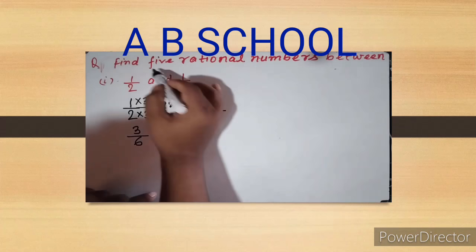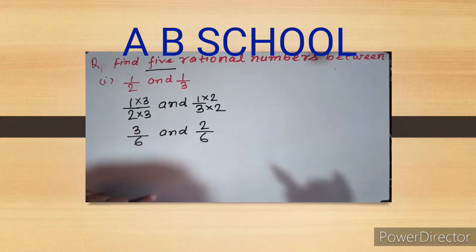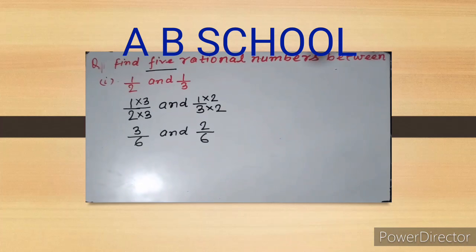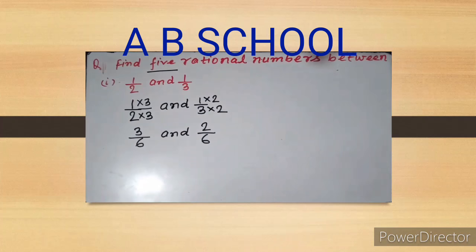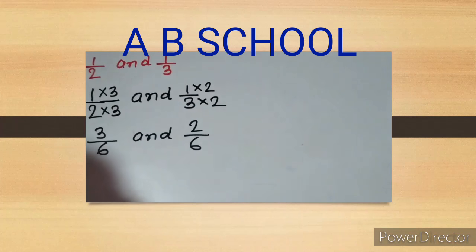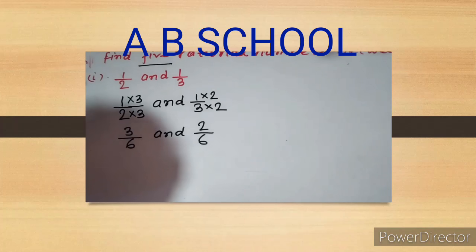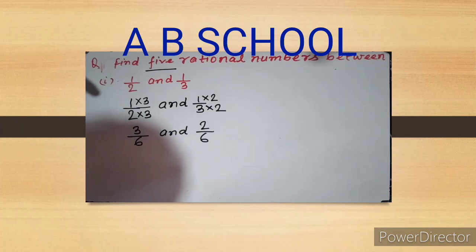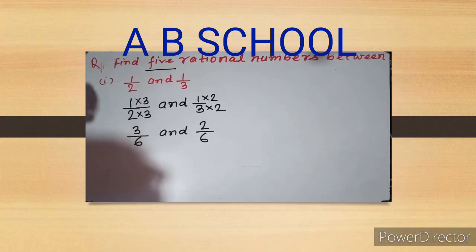Now we have to find how many rational numbers? 5 rational numbers. So what I told you in the last lecture, if you have to find 5 rational numbers, you will take one number ahead. After 5, what number will come? 6 will come.